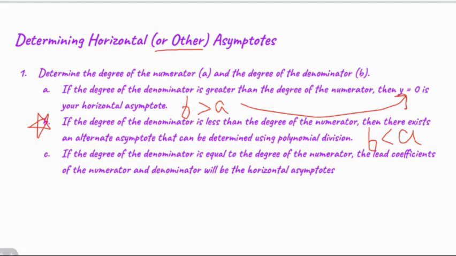So kind of just keep that in the back of your mind for now. We may go over it in the future, we may not. But A and C. If the degree of the denominator is equal to the degree of the numerator, the lead coefficients of the numerator and the denominator will be the horizontal asymptote. So there's a lot of words there. It doesn't really tell us what our answer is, but let's go over some examples.